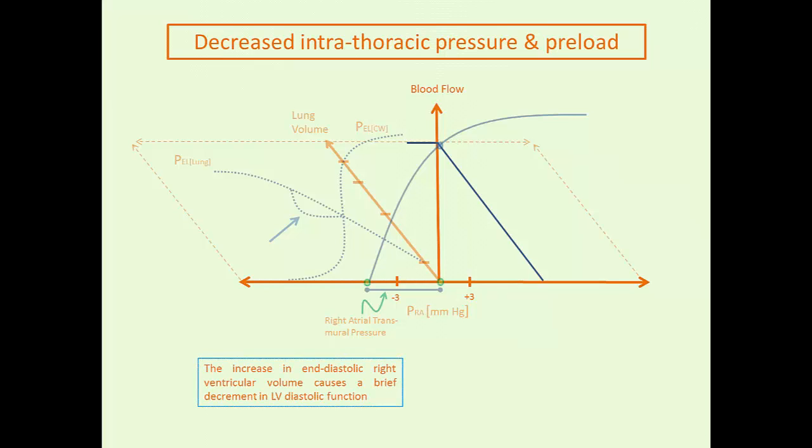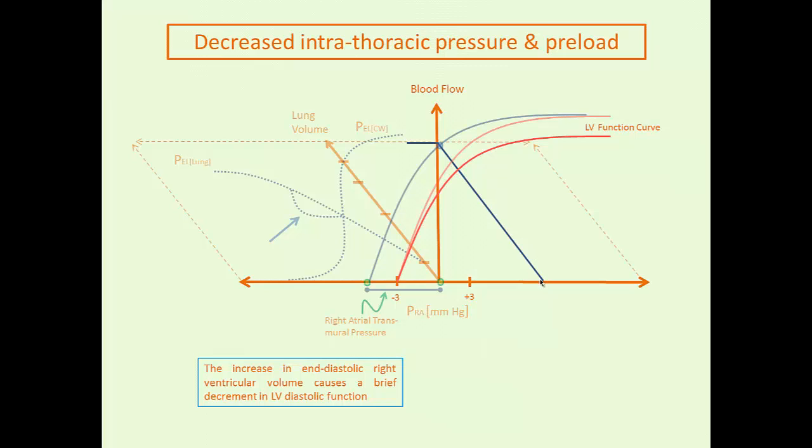curve. The increase in the end-diastolic right ventricular volume that occurs with the drop in intrathoracic pressure can cause a brief decrement in diastolic function. So if this is your LV function curve, and now this becomes pulmonary venous return as opposed to systemic venous return, you can very temporarily shift the left ventricular cardiac function curve down and to the right, and that would tend to increase the filling pressure.